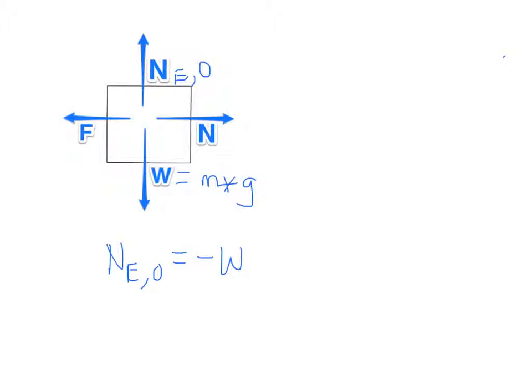Now the force over here with just the F is your frictional force. It's always opposite of the direction in which the push or pull is. So that's friction. And then we have the applied force, and this is usually a push or pull.